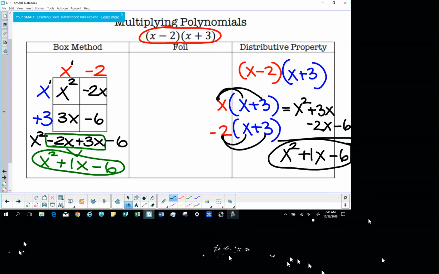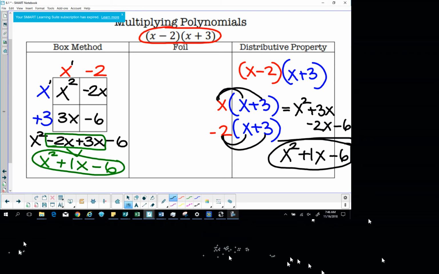Usually these are the two that most students pick. I'll teach you FOIL too, but if one of these methods you totally get and you can just get started, go for it. FOIL's the last one, and mostly students who are very algebraically inclined usually do FOIL. I learned FOIL. I didn't learn these other two ways when I was growing up.